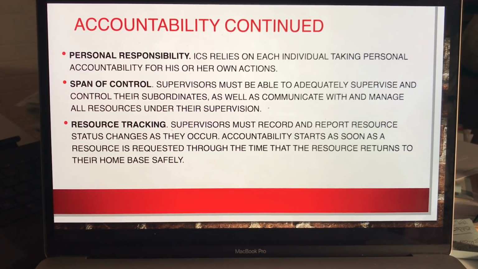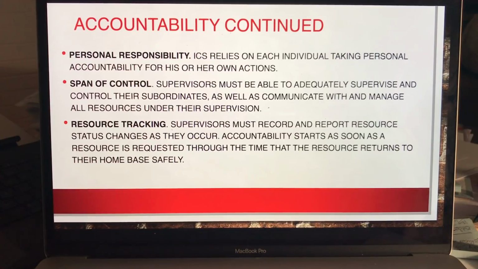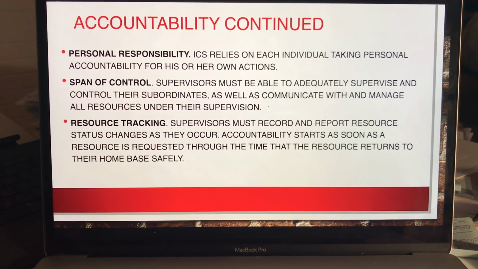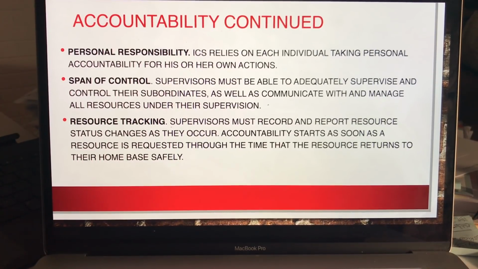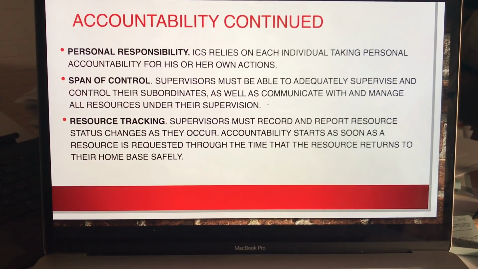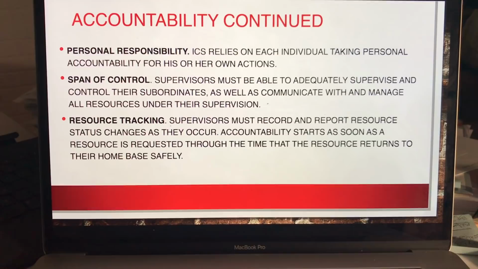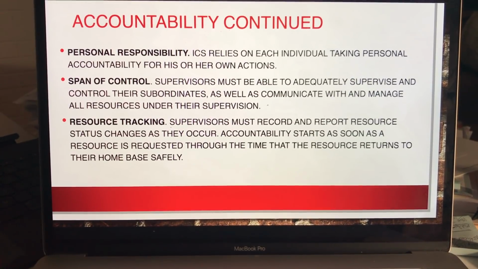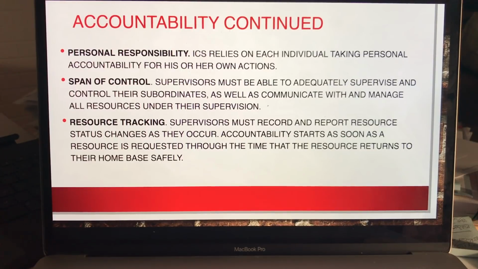Resource tracking. Supervisors must record and report resource status changes as they occur. Accountability starts as soon as a resource is requested through the time that resource returns to their home base safely.